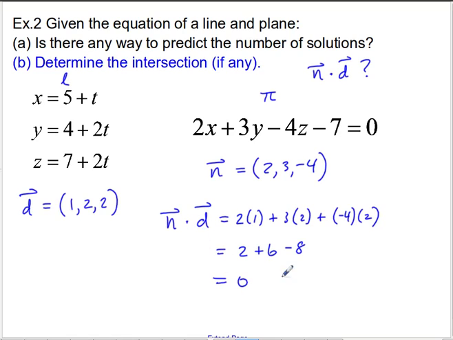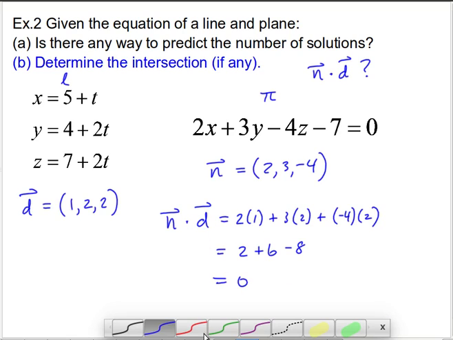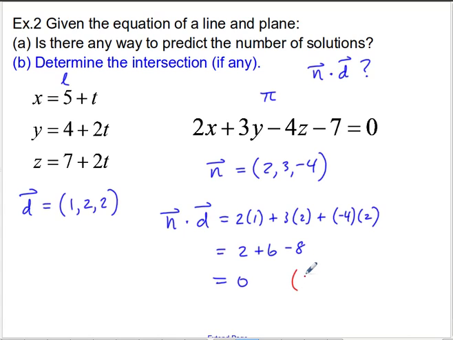So my dot product is 0, which means theta equals 90 degrees.